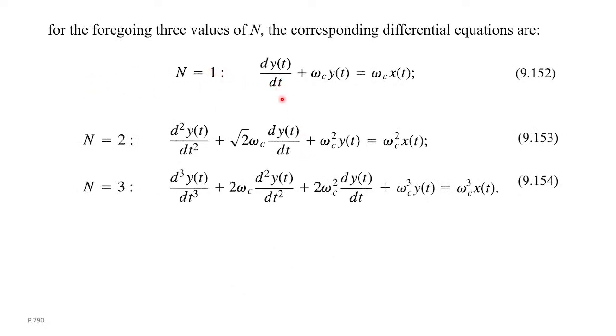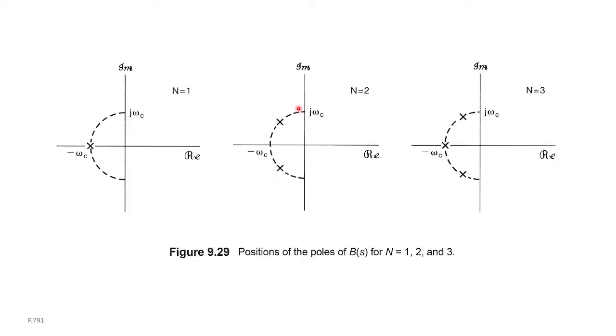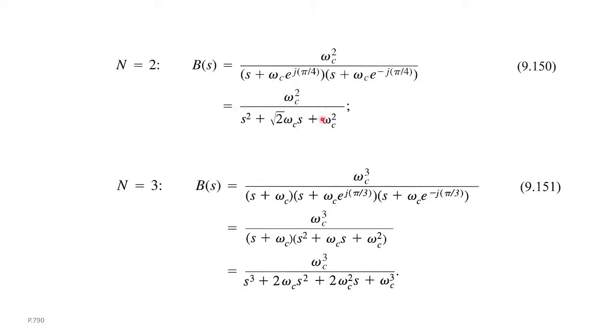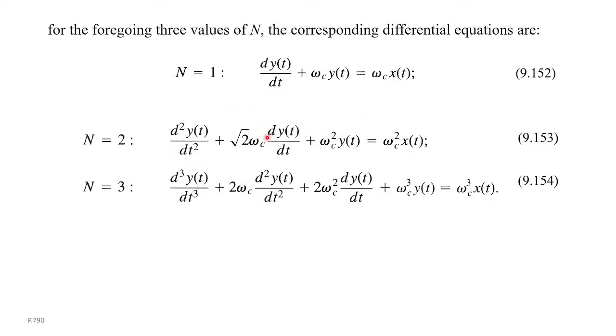If we go in the other direction, if we have a differential equation we can write down the system function, and if we have a system function it is also very easy to write down the differential equation. Basically, you just see the coefficient here and then put in the coefficient there. So those are the differential equations of your system function.